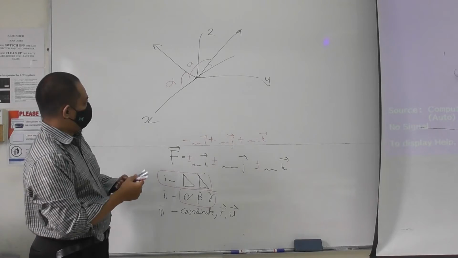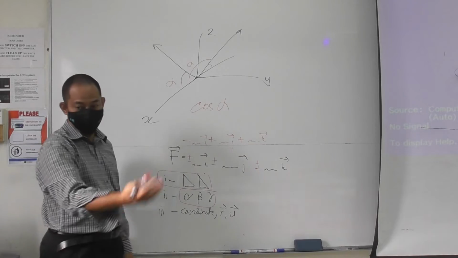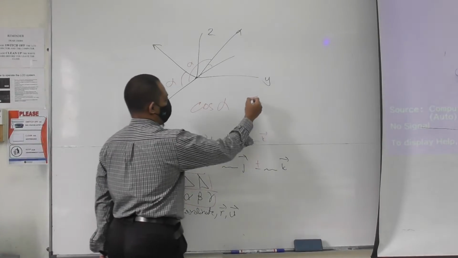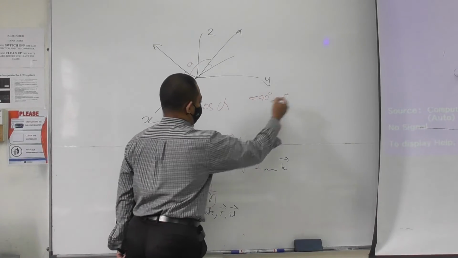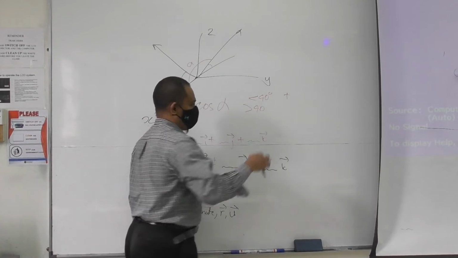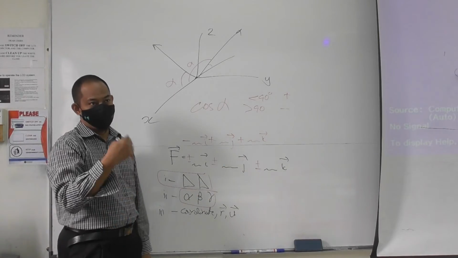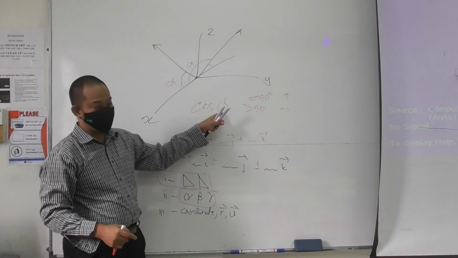So with that, when you have cos alpha or cos beta or cos gamma, when the angle is less than 90 degrees, you get positive, right? When it is more than 90 degrees, meaning 100-something degrees, you get negative. So it automatically gives you positive or negative based on the angle.